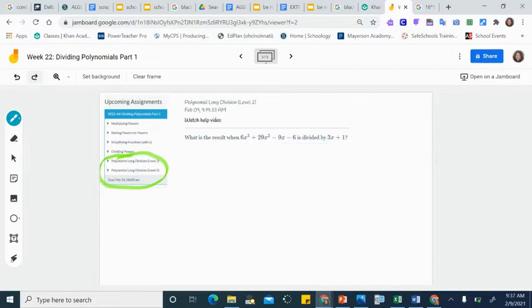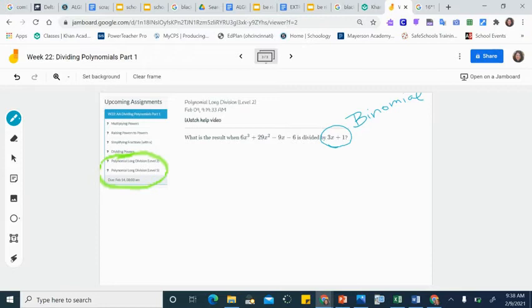Okay, so this time we're going to divide the whole thing instead of just by one term. We're going to divide it all by two terms. This is a binomial, and binomials multiply a little bit differently and they divide a little bit differently than a monomial, right? Two terms.